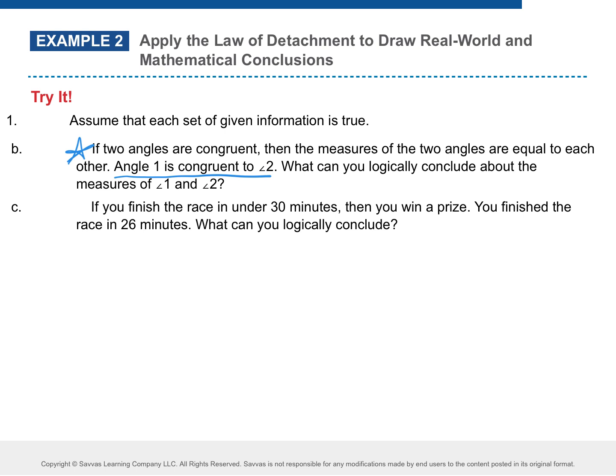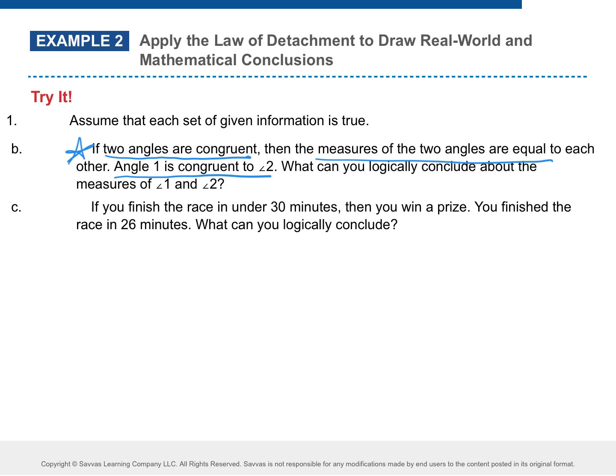So what can we conclude about the measures of the angles? They're the same, right? Where did you get that from? The sentences. Right, the sentences tell you what it is. It's told us that 1 and 2 are congruent. So we know that their measures are equal or the same. So you're not doing any math. You're just getting the answer from the if-then statement.